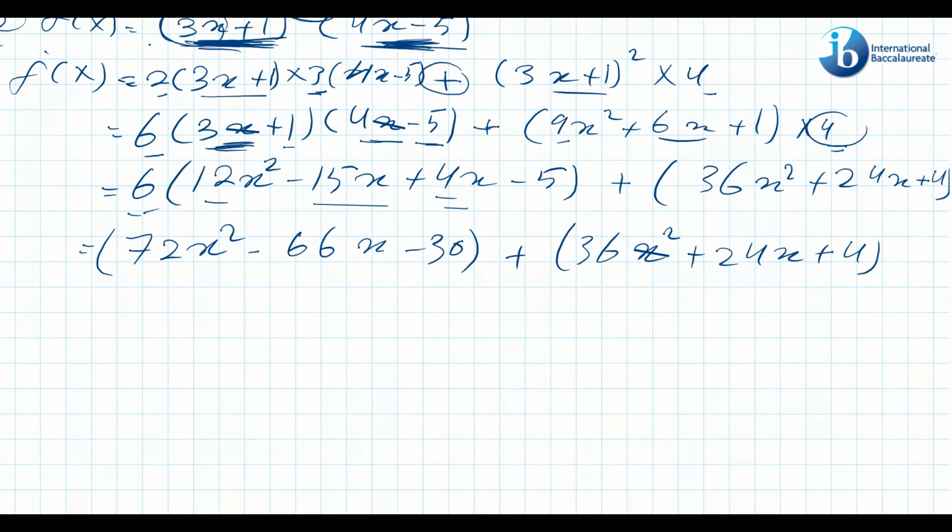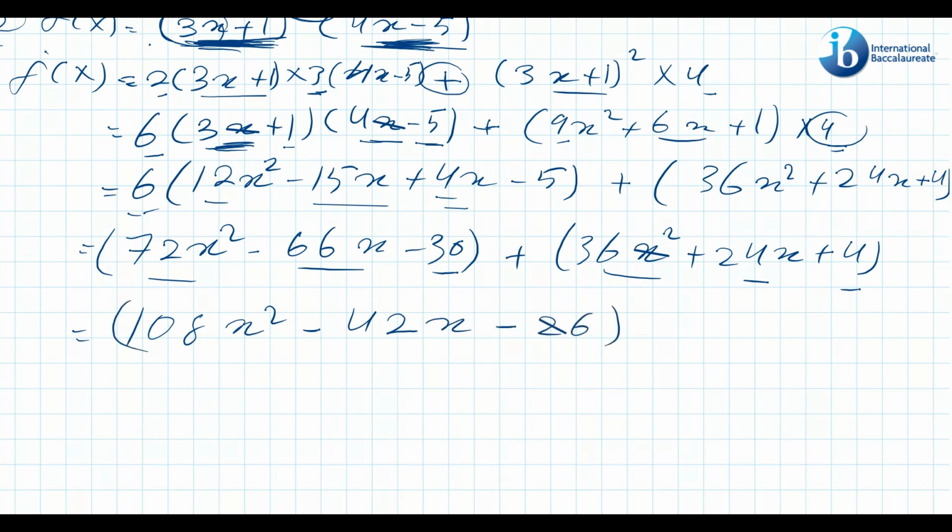After that, adding like terms, such as 72 and 36 becomes 108, then 108x squared, and negative 66 with 24 becomes negative 42, right? Negative 42x, and negative 30 plus 4 becomes negative 26. That's it.